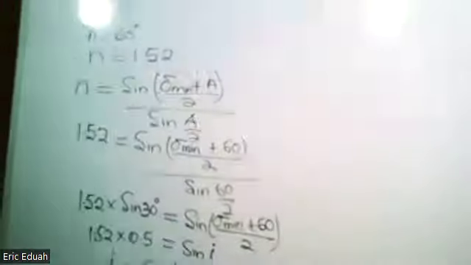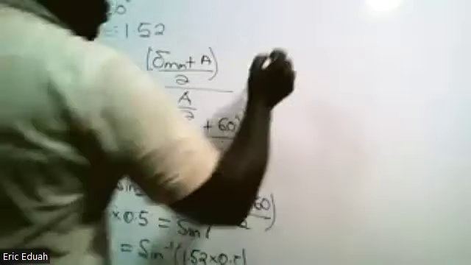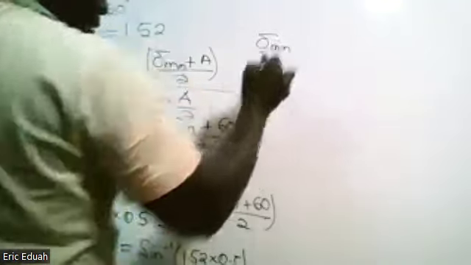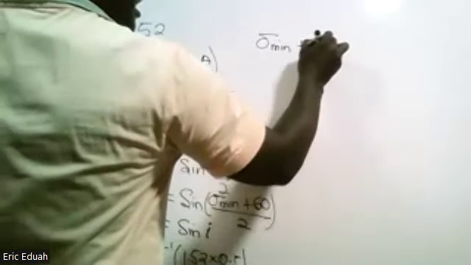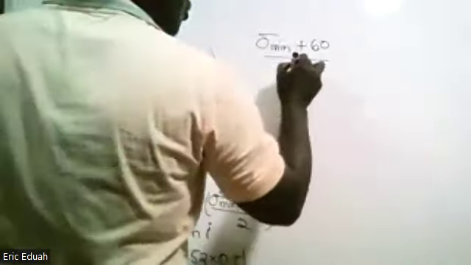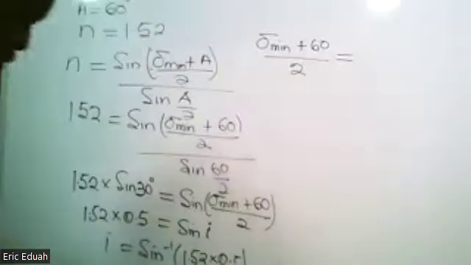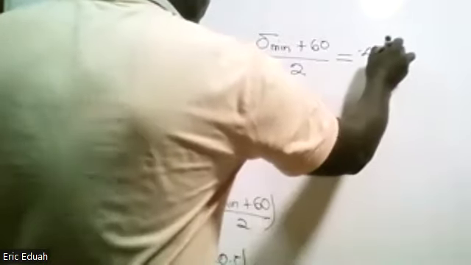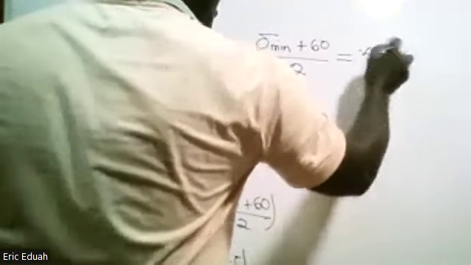So we have minimum deviation plus 60 over 2 is equal to 49.46.